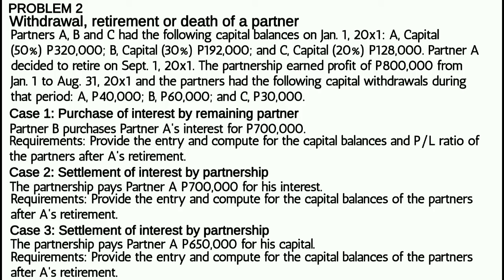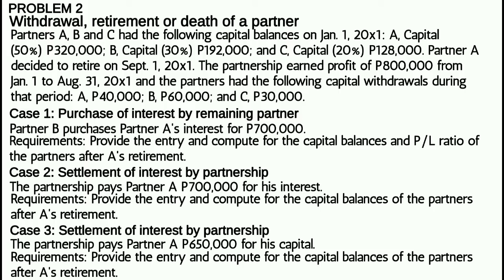Partner A decided to retire on September 1, 20X1. The partnership earned profit of 800,000 pesos from January 1 to August 31, 20X1. And the partners had the following capital withdrawals during the period. A, 40,000 pesos, B, 60,000 pesos, and C, 30,000 pesos.